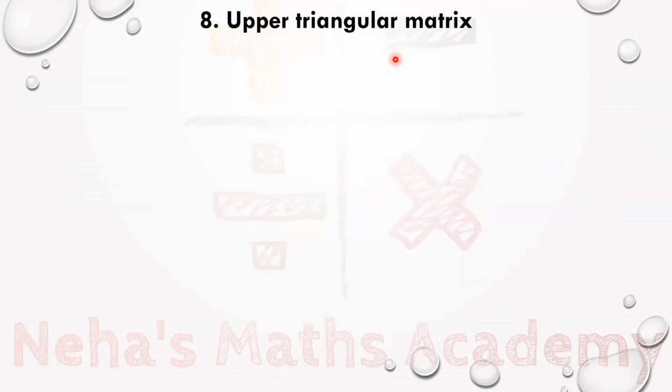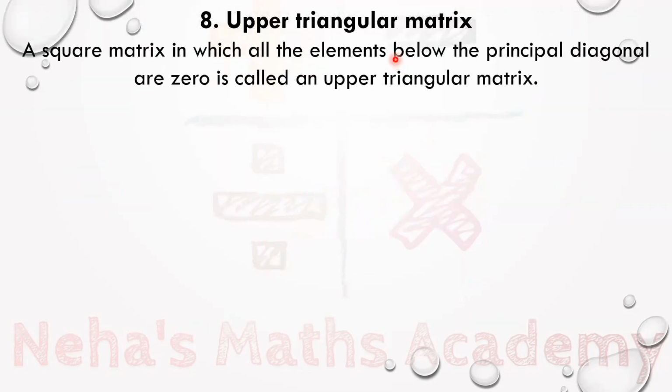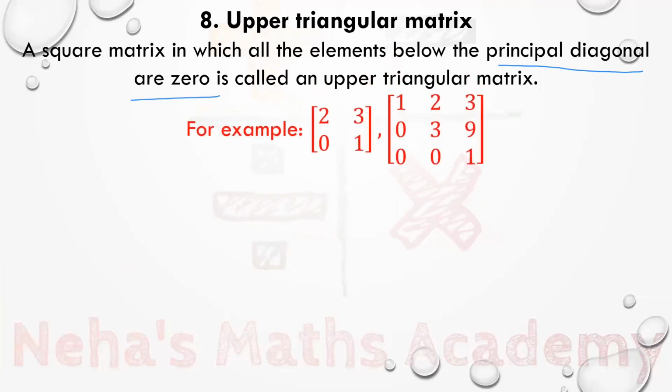Next is upper triangular matrix. A square matrix in which all the elements below the principal diagonal are 0 is called an upper triangular matrix. For example, in this example, these 2, 1, 1, 3, 1 are the principal diagonal.